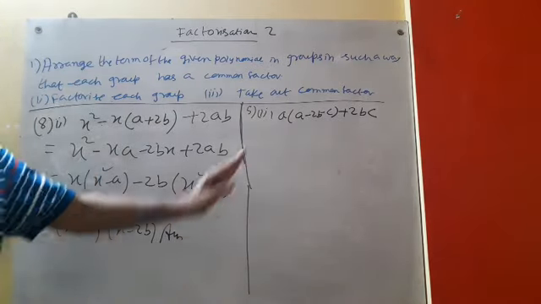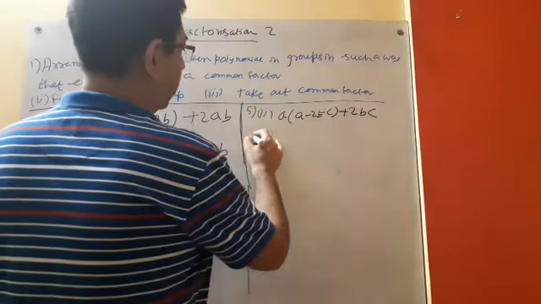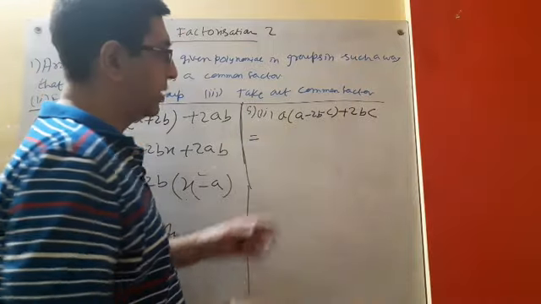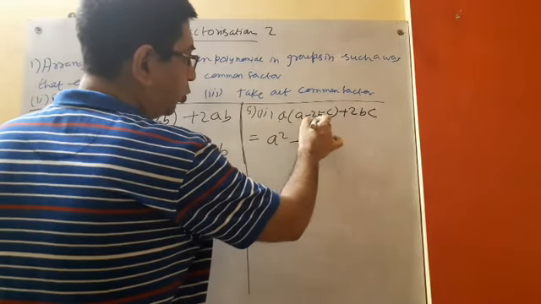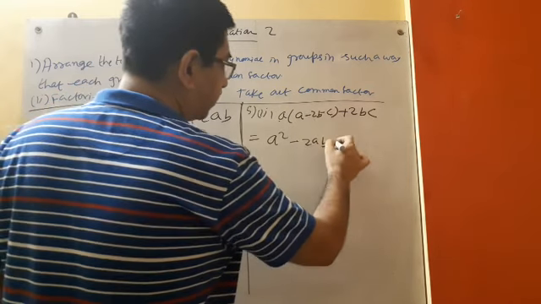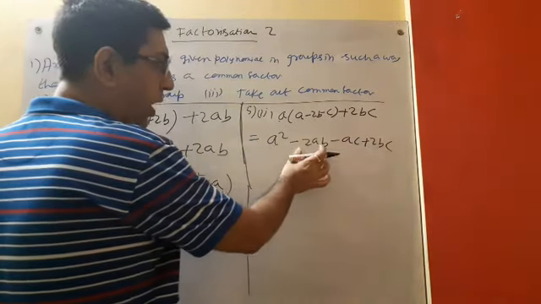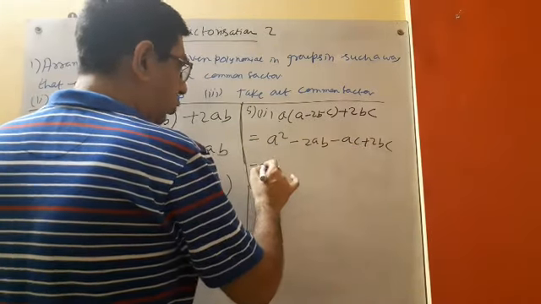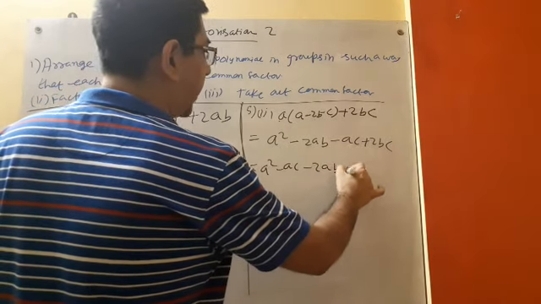Now we move on to question number 5, part 2. Same thing is there, you cannot make a group. So what you have to do is first remove the bracket, that means you are multiplying. a into a is a square, minus a into 2b is minus 2ab, minus c into a is minus ac, plus 2bc. Now a square minus ac minus 2ab plus 2bc.